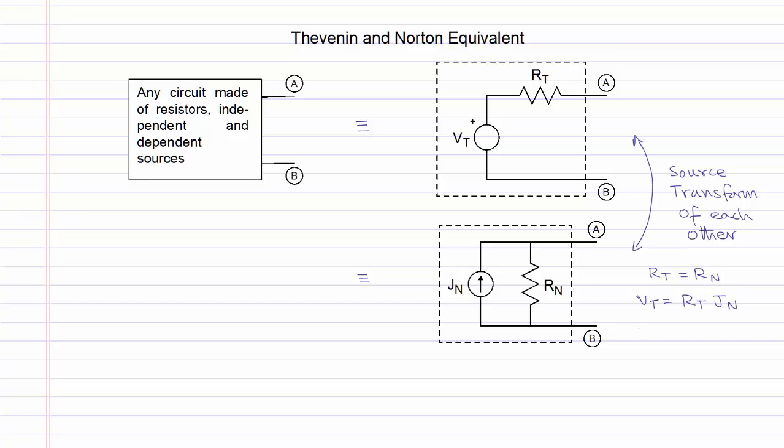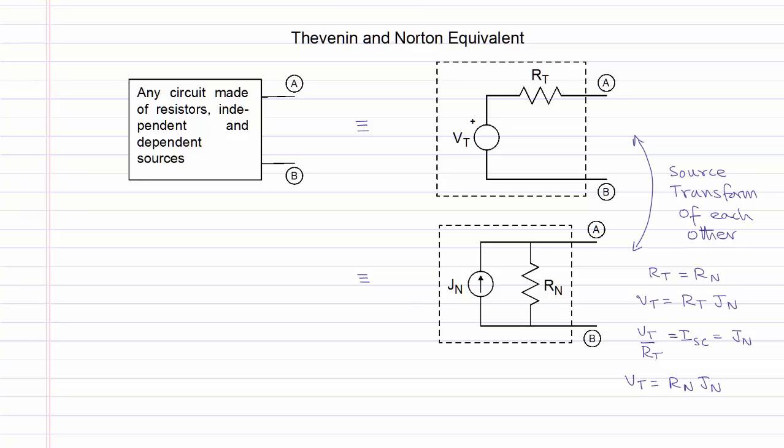Also recall from the Thevenin circuit analysis that Vt over Rt is equal to the short circuit current Isc, which will also be equal to the Norton current Jn. And the open circuit voltage Vt is equal to Rn Jn.